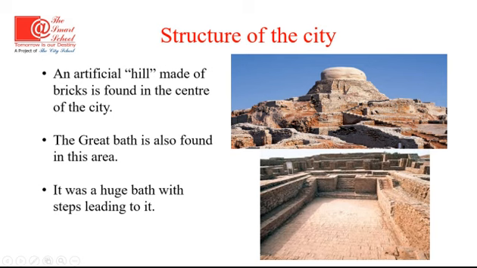Now, we do not actually know what was the purpose of this Great Bath, but a few archaeologists believe that people might go to these baths to clean themselves, and it might have been used for religious purposes.